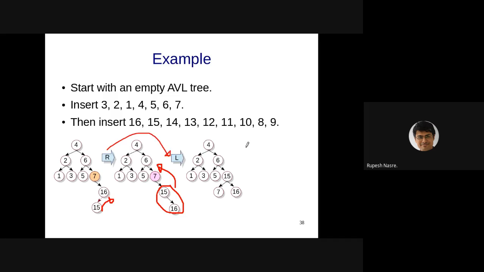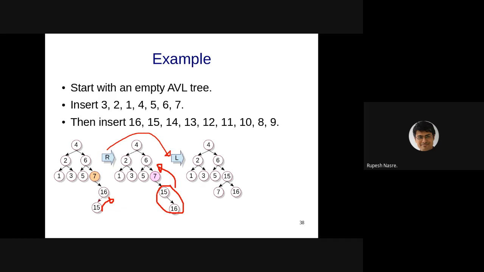We have said that L and R are primitives. Primitives meaning those are small, simple, fixed operations, or transformations, which you can apply in a given BST. Note that I said in a given BST, I didn't say in a given AVL, because rotations are defined even in case of BST. It need not be only in the AVL.